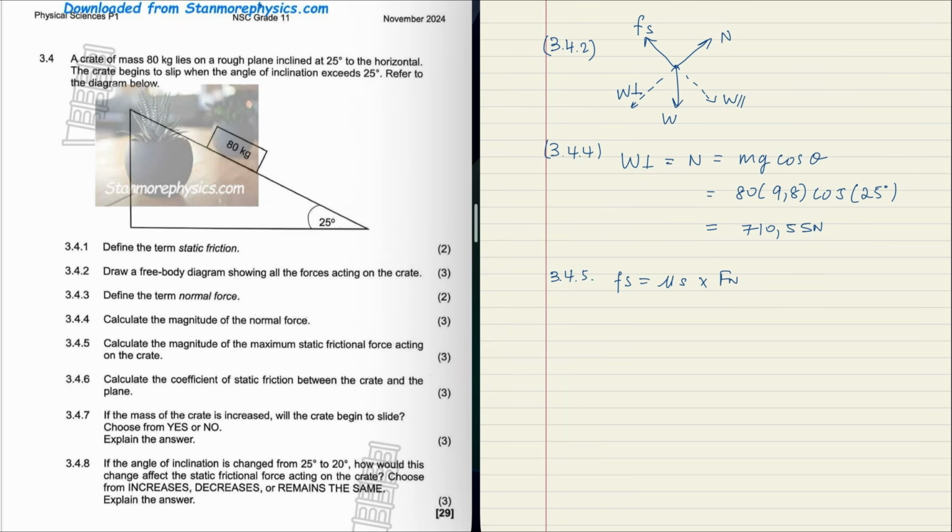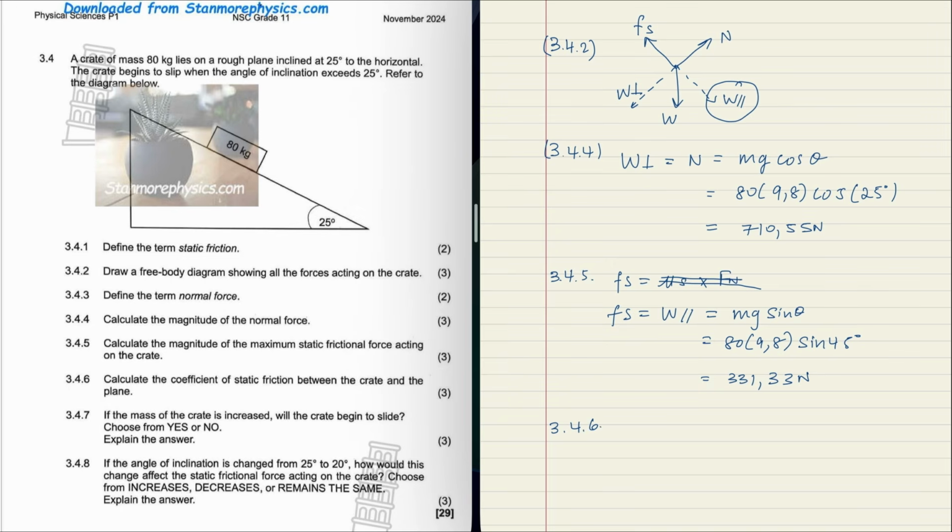So instead of using that formula, friction is going to equal W parallel. Because the system is stationary, it's in equilibrium, those forces are going to be equal but simply in opposite directions. So friction I will equate to W parallel, which is equal to mg sine theta. So that's going to equal 80 times 9,8 times sine of 45. And that gives us an answer of 331,33 newtons.